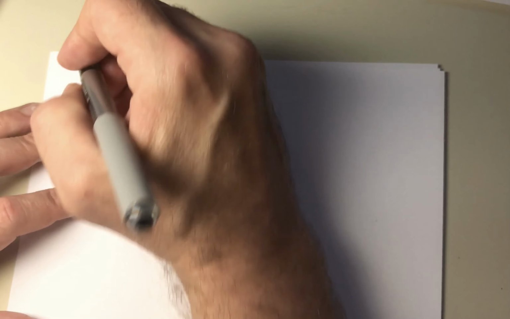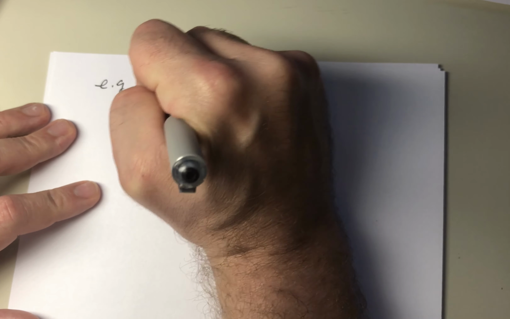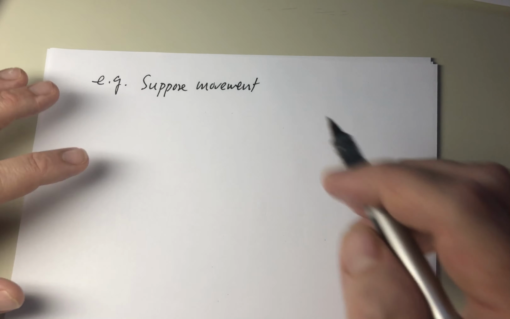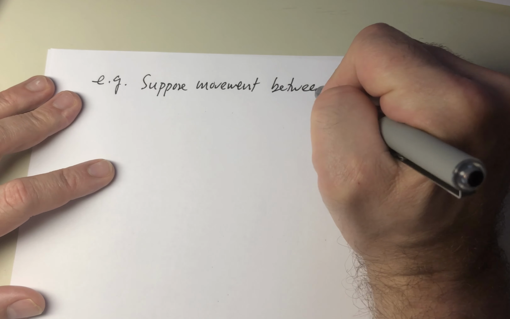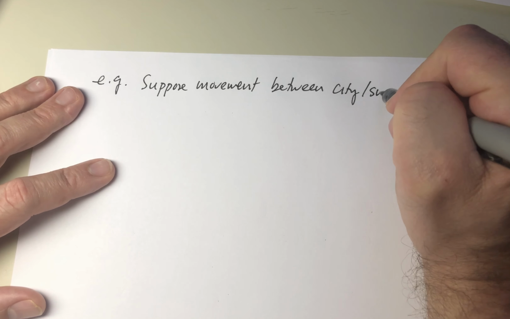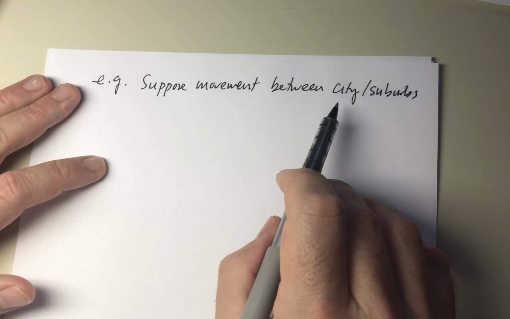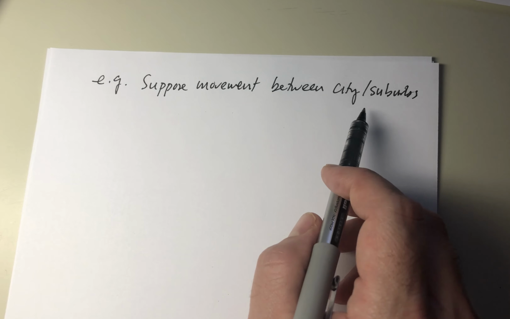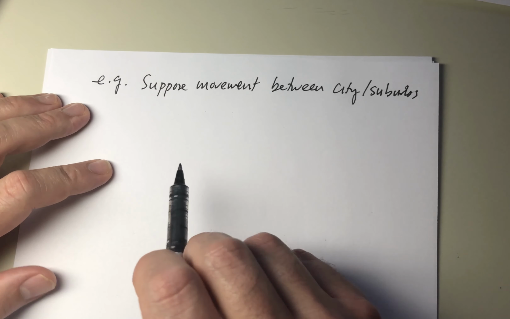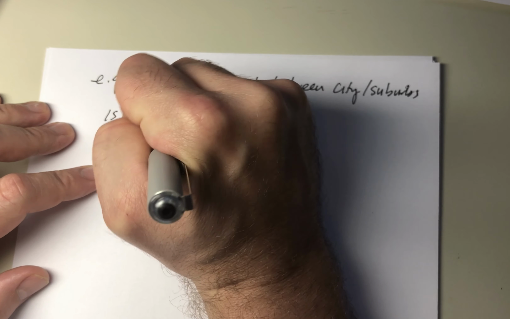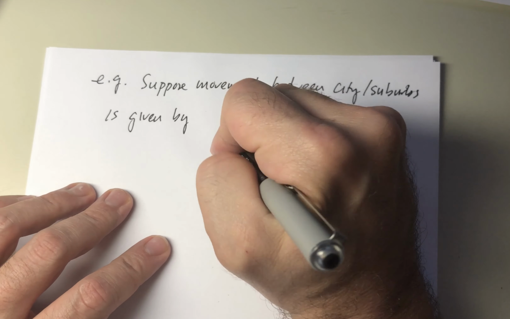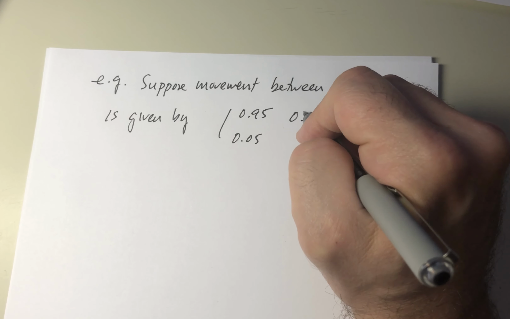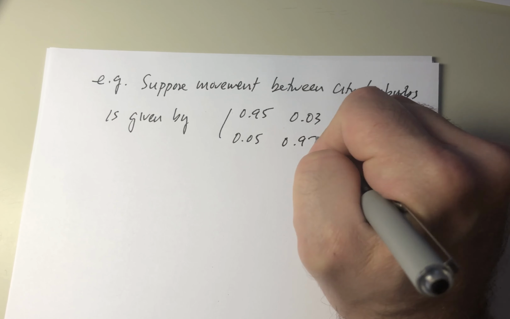So let me do this with an example. Suppose, in a very simple, maybe somewhat artificial model, the movement between, say, city and suburbs, think San Marcos and maybe Austin, that might be controversial, but let's say an abstract city and an abstract suburb, is given by the following 2x2 matrix: 0.95, 0.05, 0.03, 0.97.